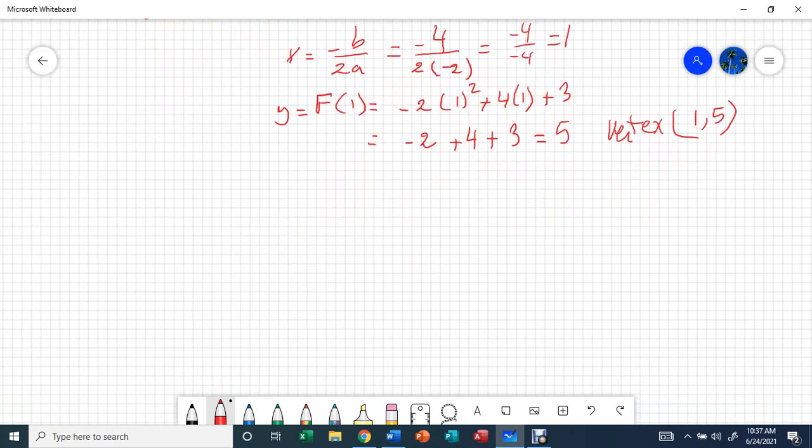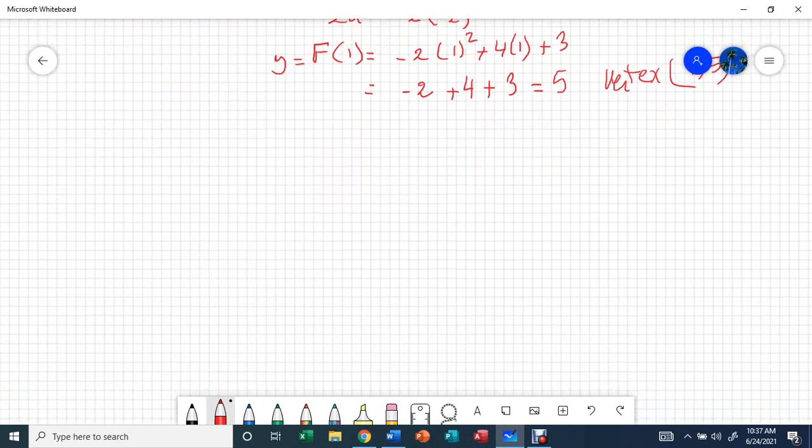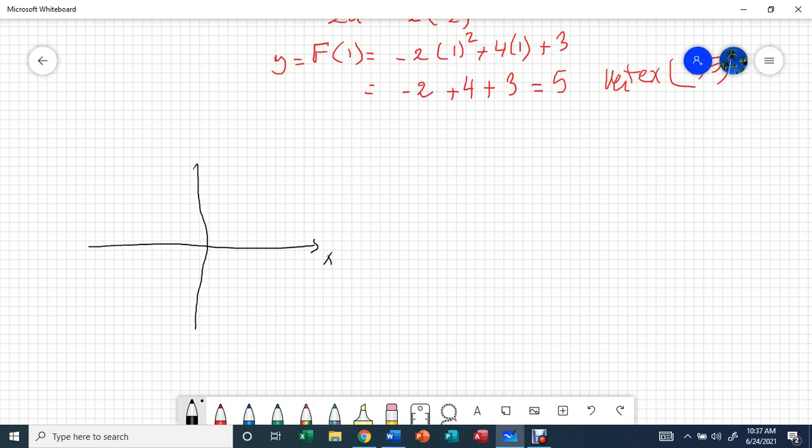You can use the standard form, but you have to complete the square, as I did in example number 2. So let's graph this function here. My x and y. We have 1, 5 as the vertex: 1 here, 2, 3, 4, 5. So that's my vertex.